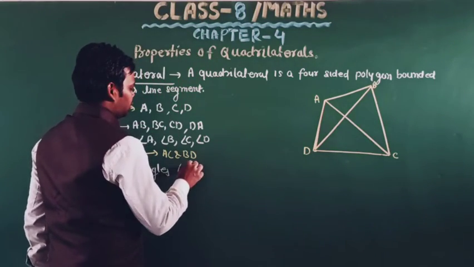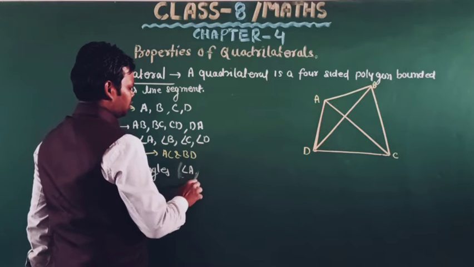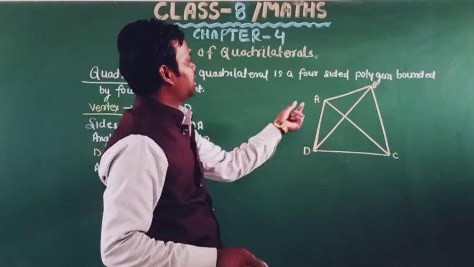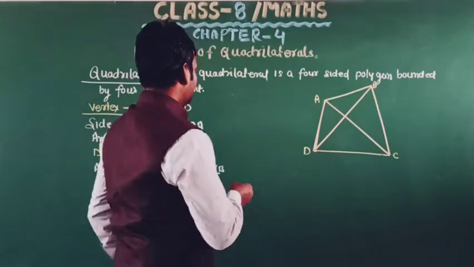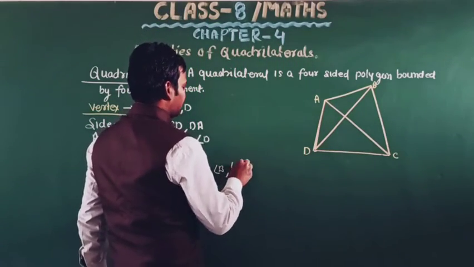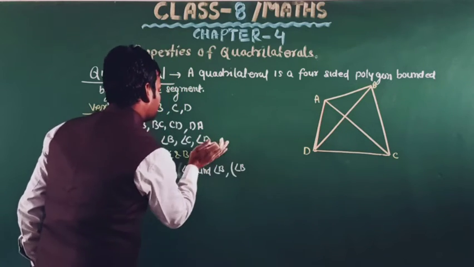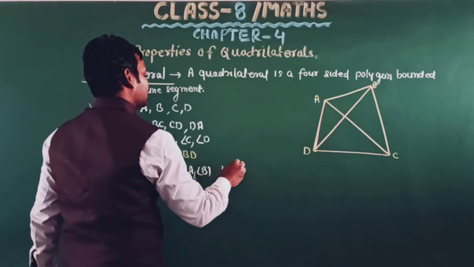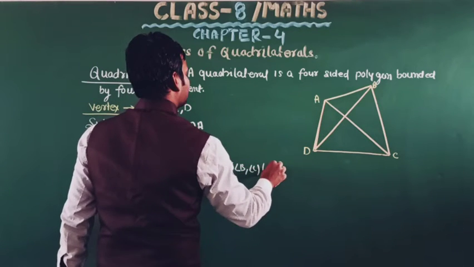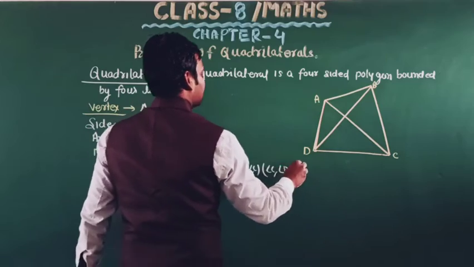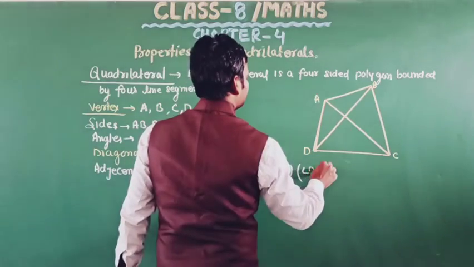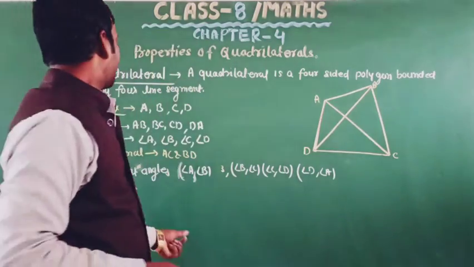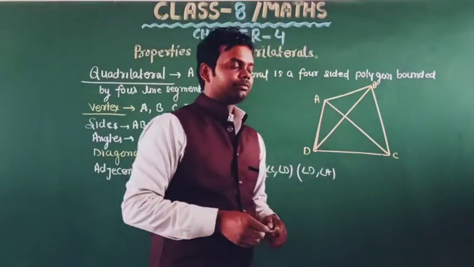So here angle A and angle B are adjacent angles. Similarly, angle B and angle C, angle C and angle D, and lastly angle D and angle A. These are the adjacent angles of the quadrilateral.